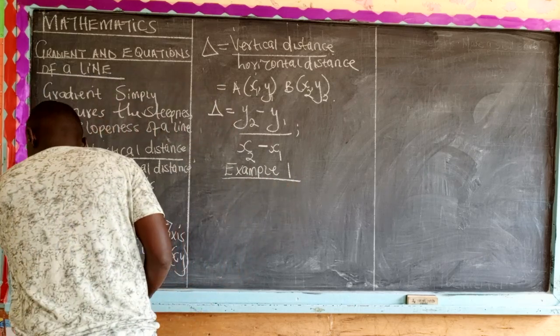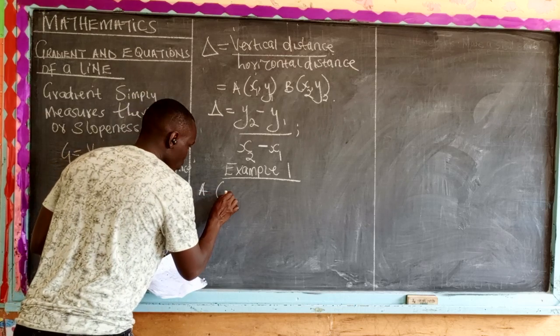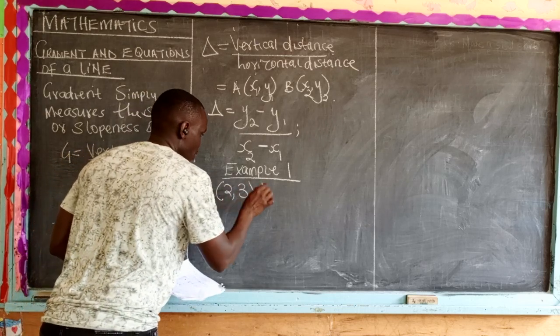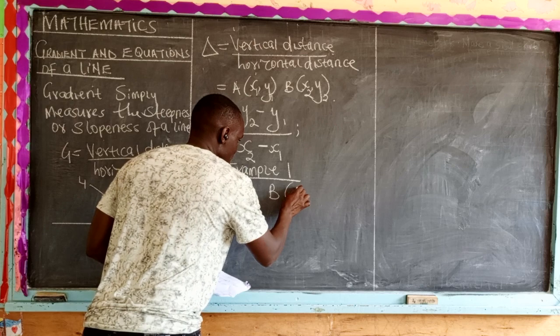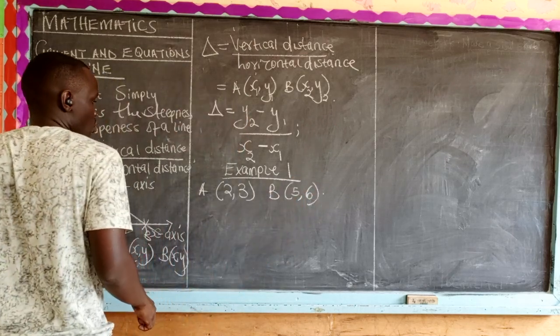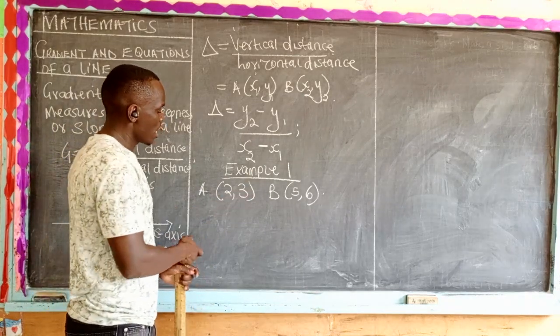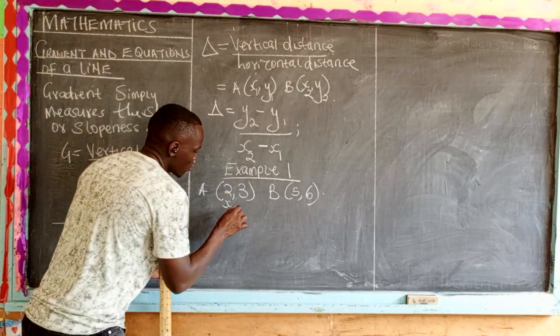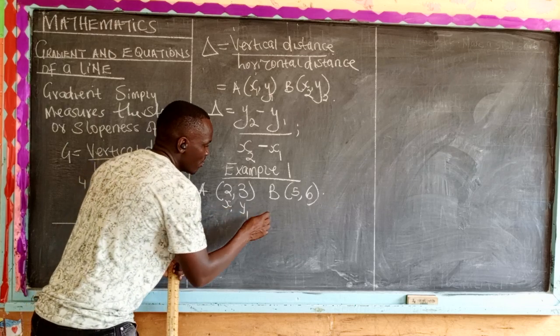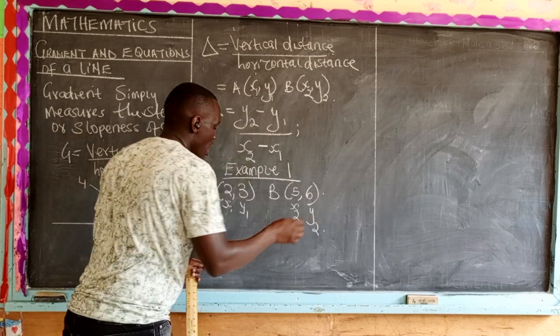For example, example 1, we have a question. Point A has coordinates 2, 3, and point B has coordinates 5, 6. Now, this one stands for x1, this one stands for y1, this one stands for x2, this one stands for y2.